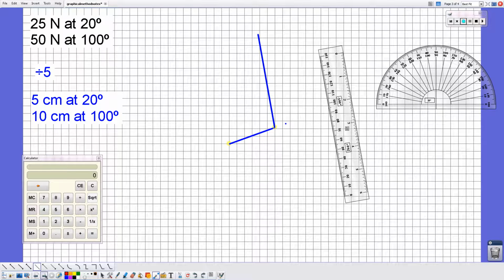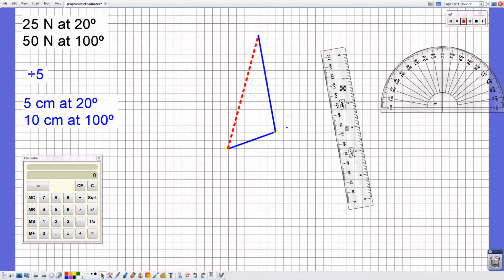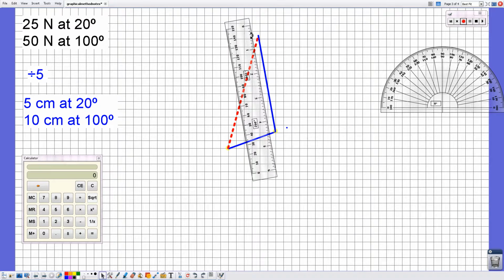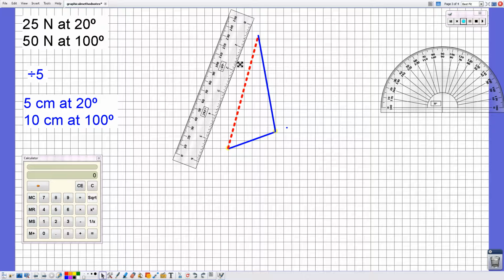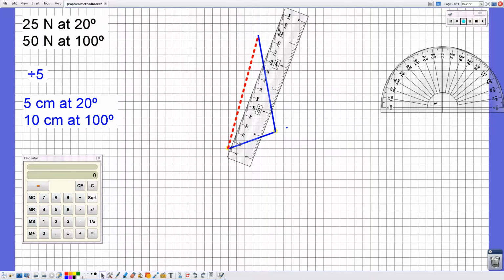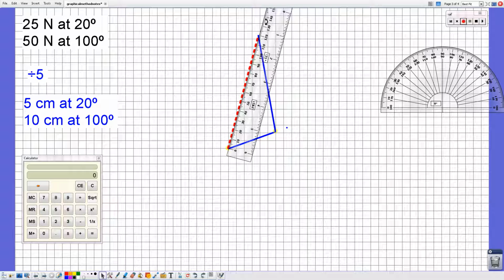And now I'm going to do beginning to end, and I need the length. Okay, I can't make it perfect, but it looks like it's going to be 12.